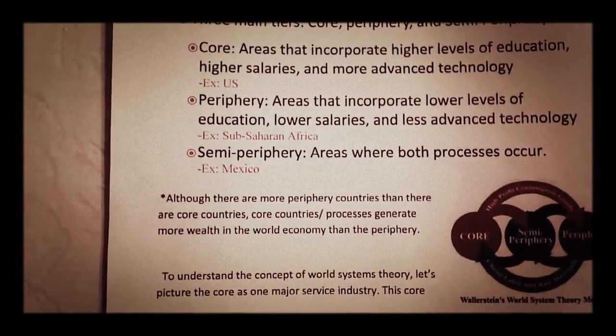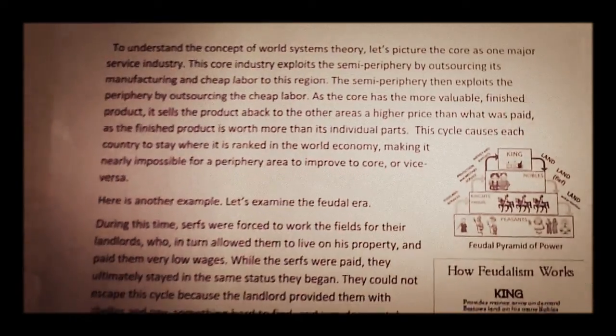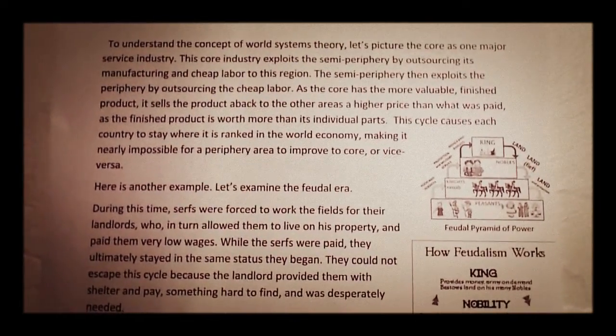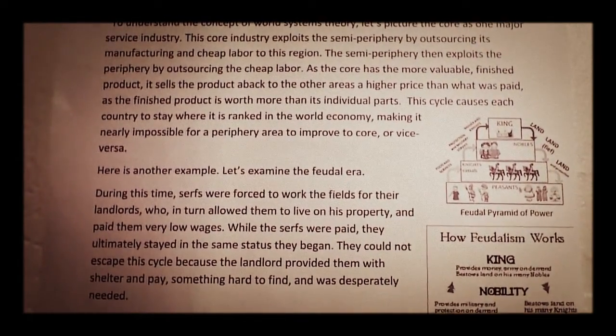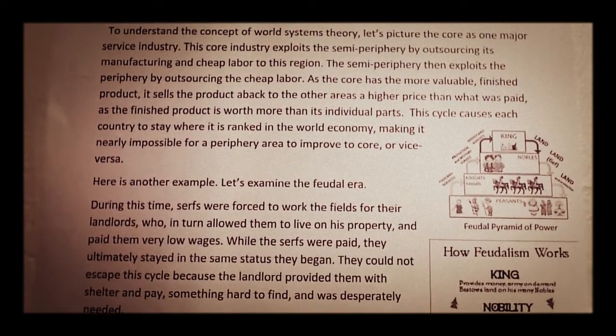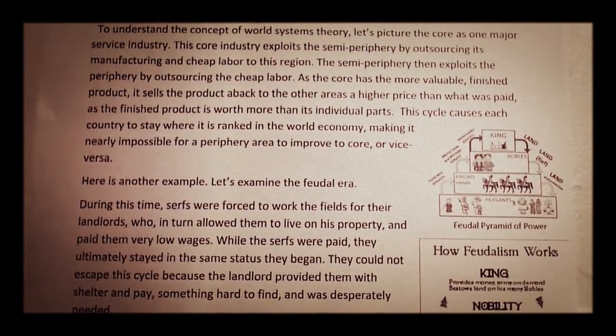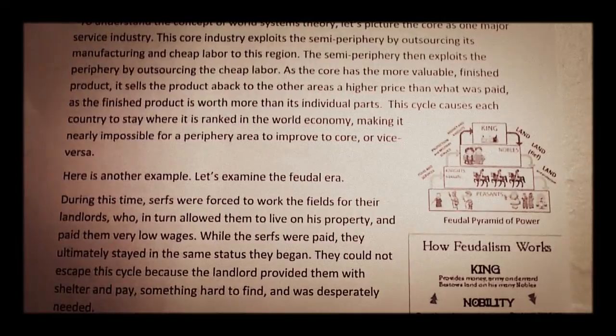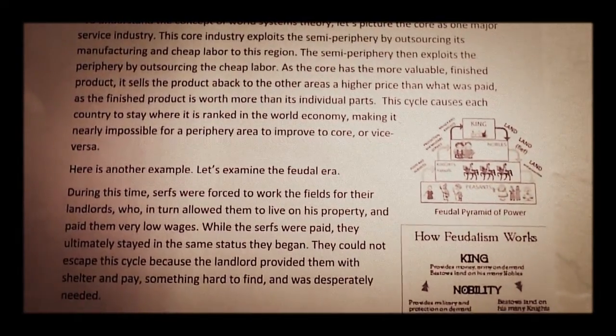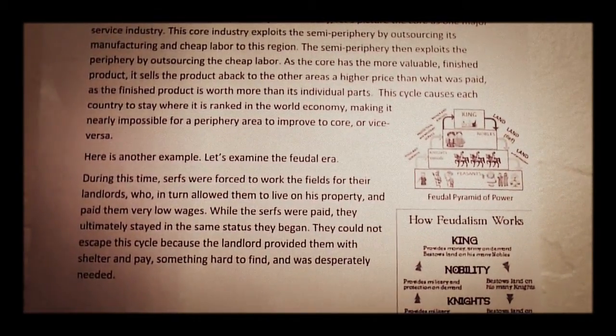To understand the concept of the world systems theory, let's picture the core as one major service industry. This core industry exploits the semi-periphery by outsourcing its manufacturing and cheap labor to this region. The semi-periphery then exploits the periphery by outsourcing the cheap labor.